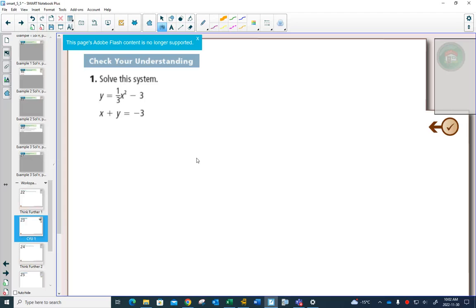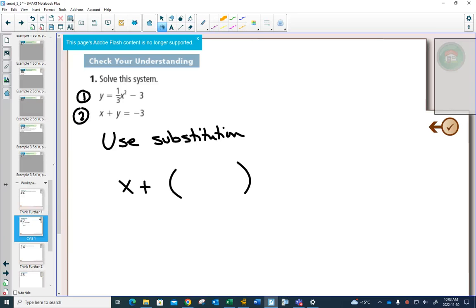We want to solve this system of equations. Then you get to choose if you want to do substitution or elimination. A little bit of thinking will tell you that substitution would be better. We've already got y by itself in equation 1. So that means I can rewrite equation 2, but instead of writing y, I could substitute in 1/3 x squared minus 3.